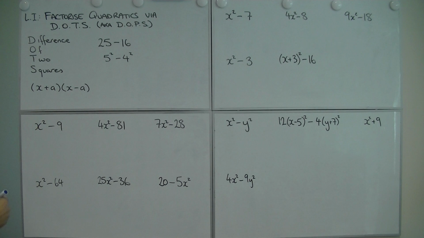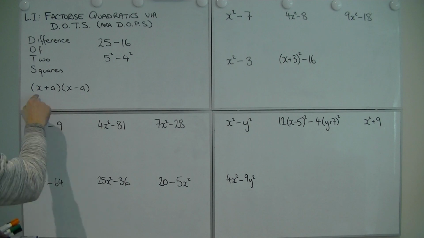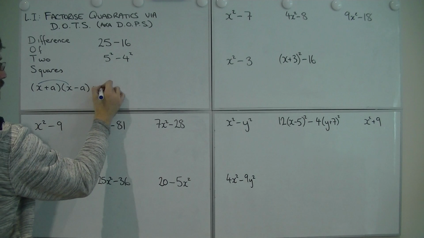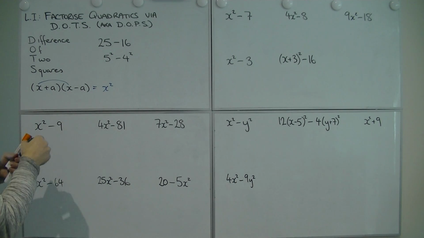Well, let's think about this for a second. Can I factorise this currently? No. Left it at the end of the last one. Alright, well, I'm going to give you a massive head start and just say, expand this and see what happens. Well, x by x gives me x squared.